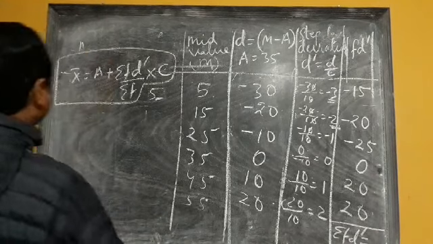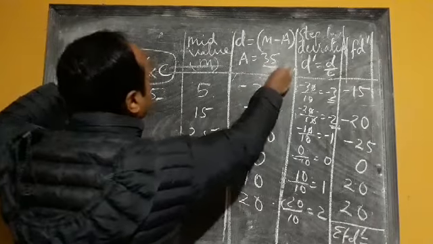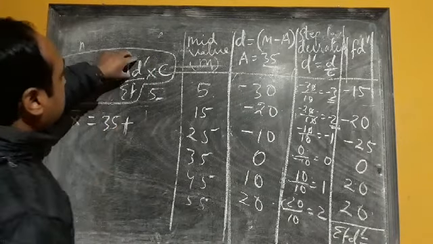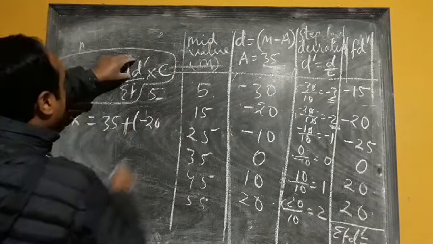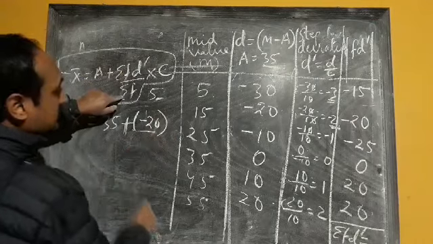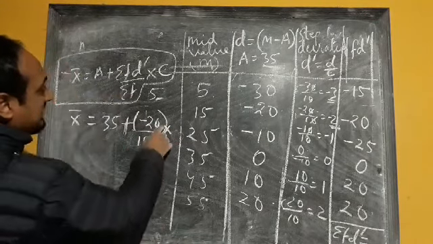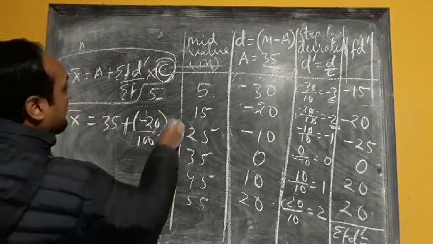x bar equals a, the assumed mean, which is 35, plus summation f d dash, which is minus 20, divided by summation f, 100, into c, which is 10.